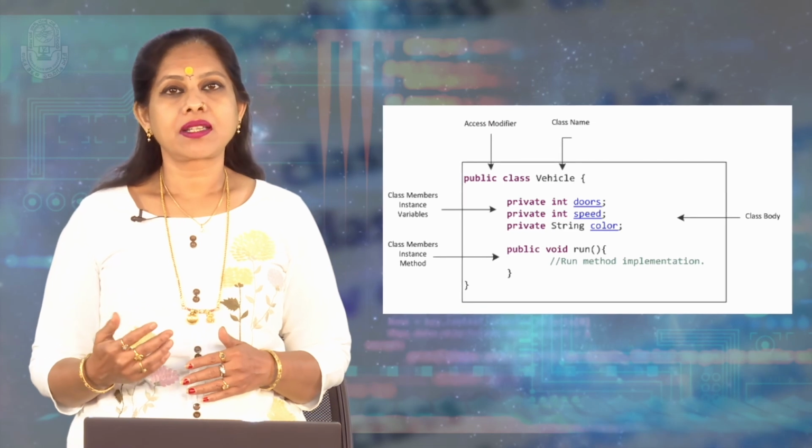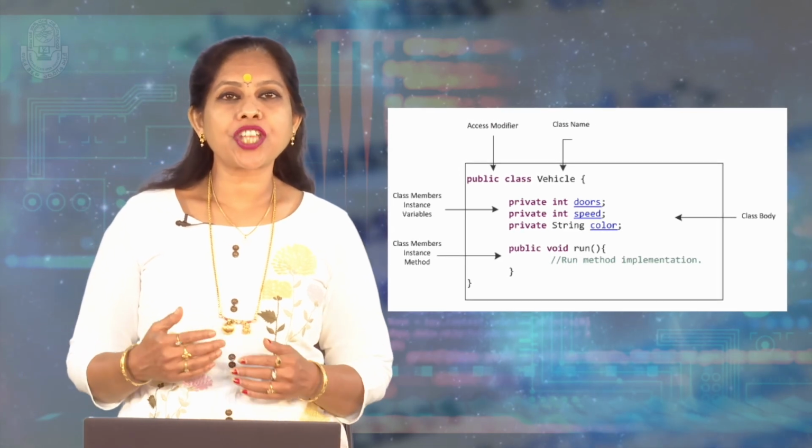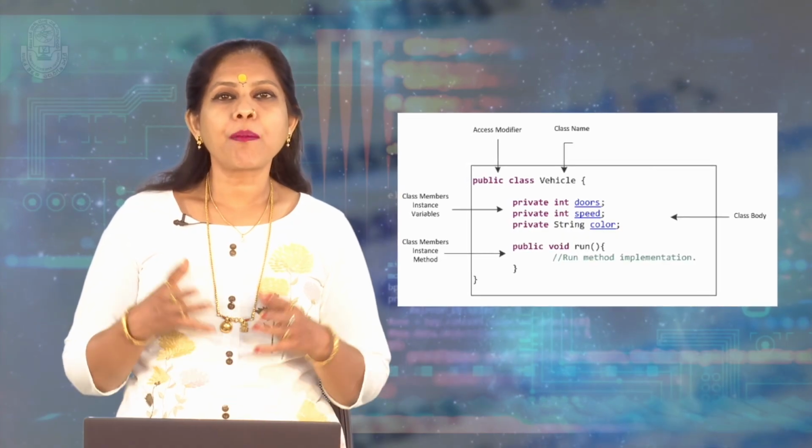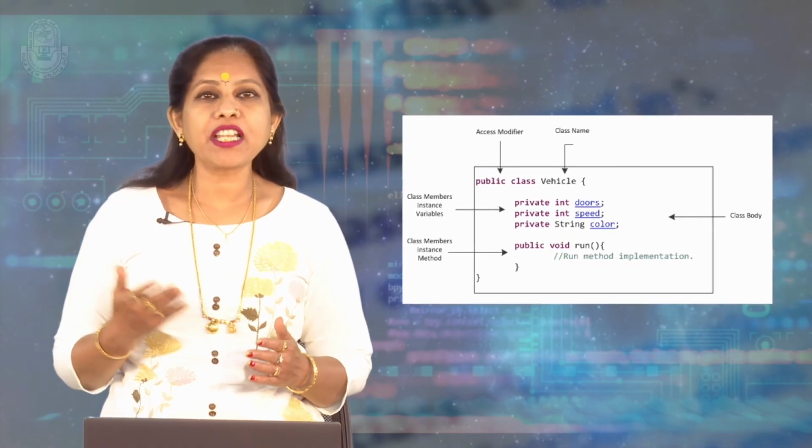Classes. The basic element of object-oriented programming is a class. A class defines the shape and behavior of an object and is a template for multiple objects with similar features. Any concept represented in a program is encapsulated in a class.